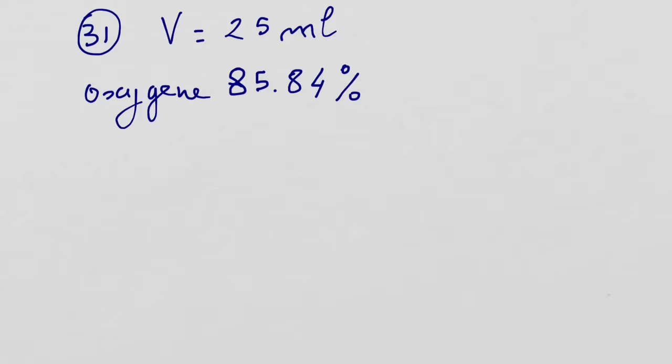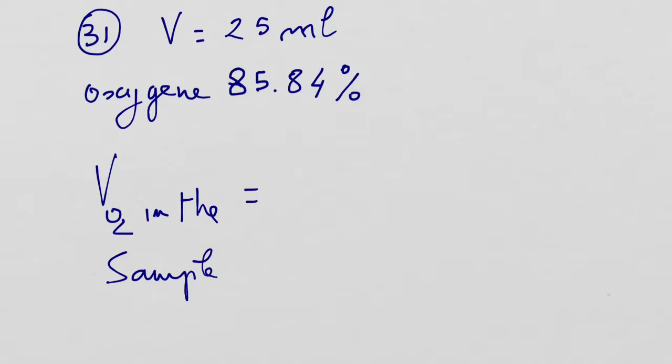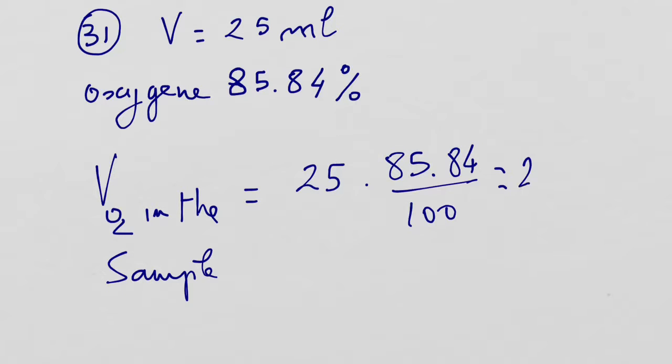So to find the volume of oxygen in the sample, I'm going to take 25 and multiply that by 85.84 divided by 100, because it's 85.84%. And the answer is going to be 21.46 milliliters.